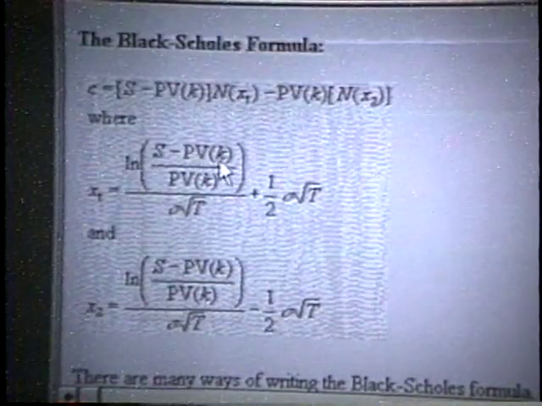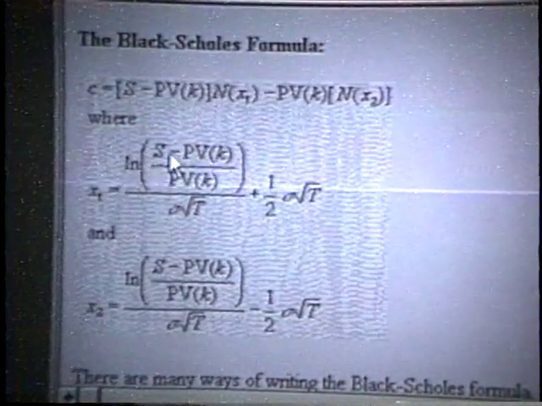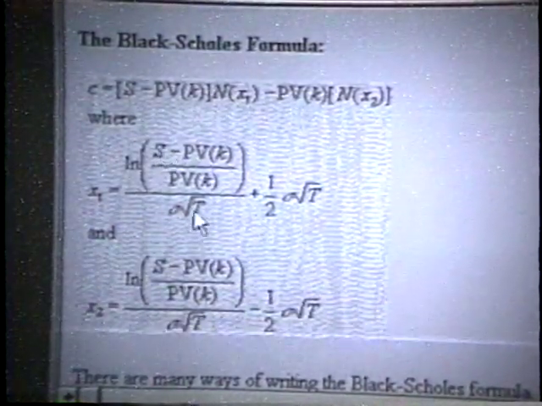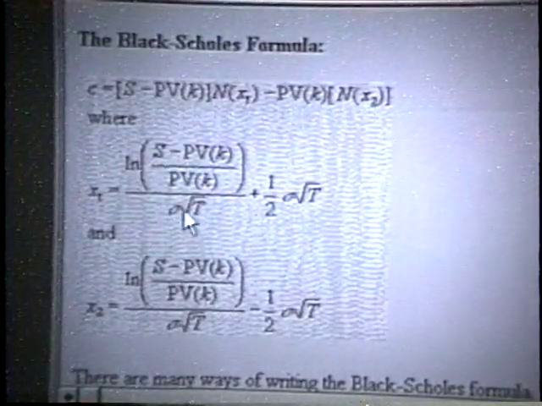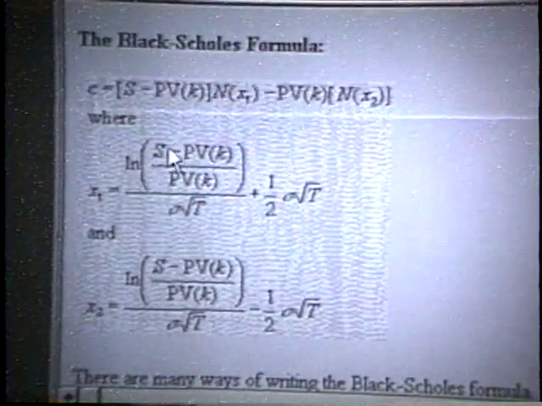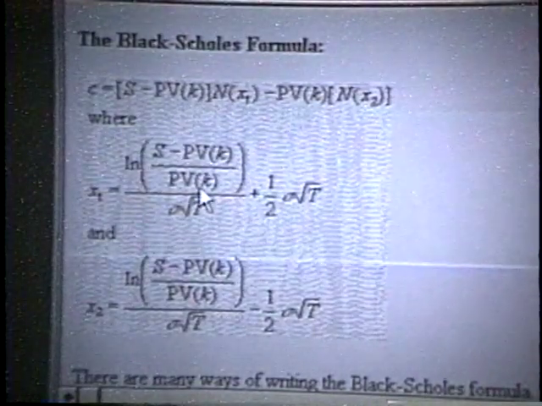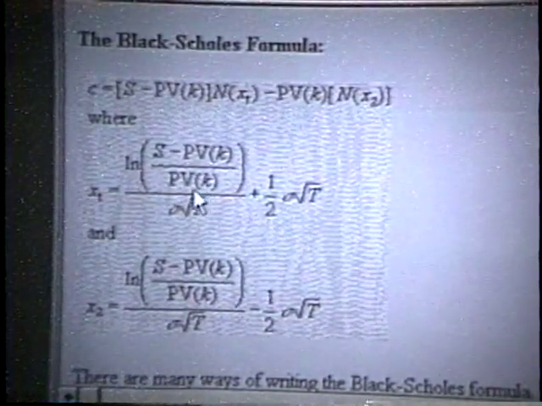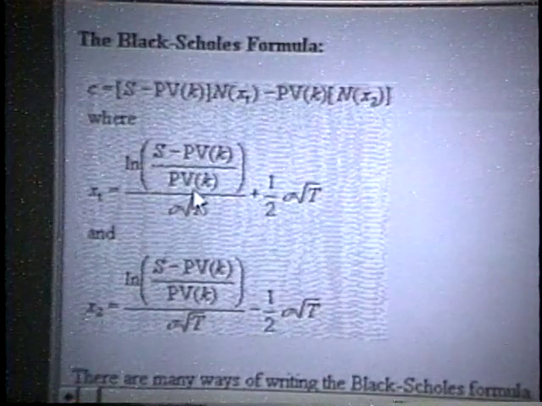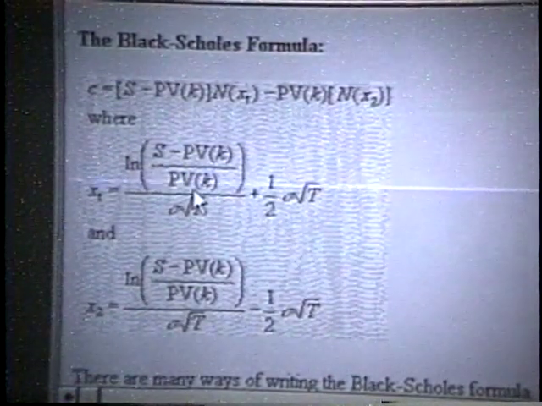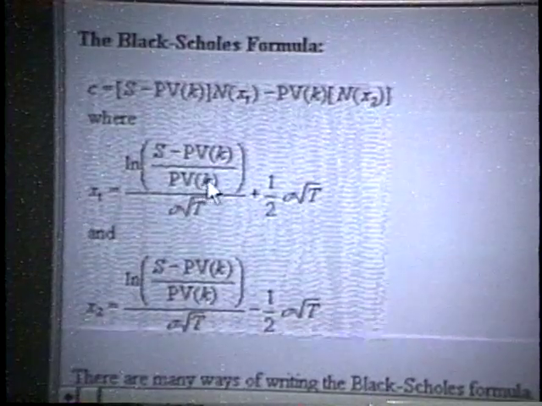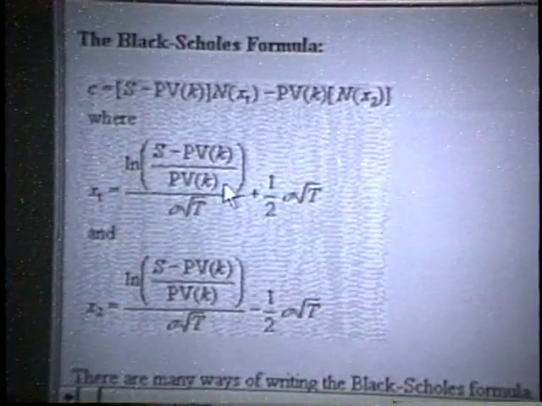And ignore the PVD. So let's say we do that, and the log of the ratio of 150 to 50 is going to be a positive number. I actually can't do it in my head. Don't have the log operator up there yet. It's going to be a fairly large number.